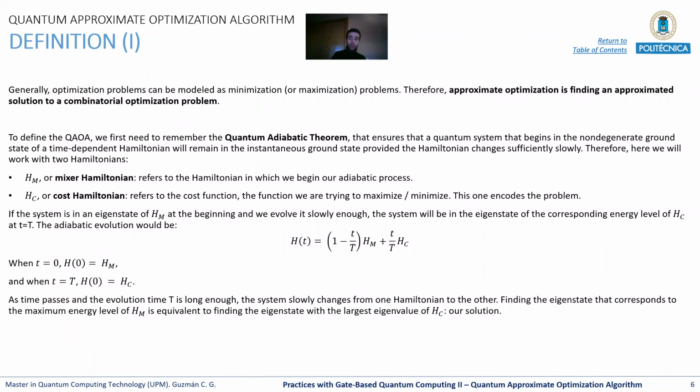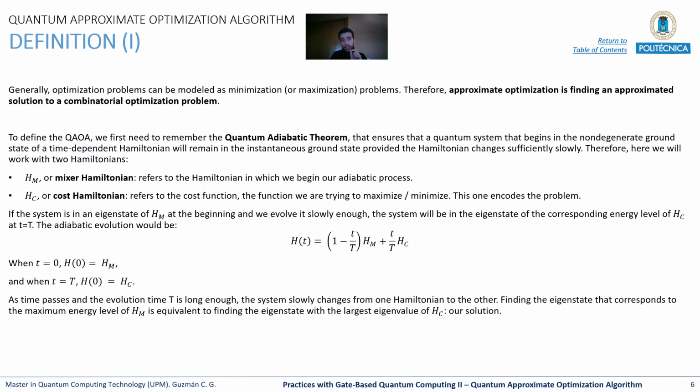And the cost Hamiltonian is the one where we are trying to go. The cost Hamiltonian will express the function that we will maximize or minimize. This one is the one that encodes the problem. This one is the one that we want to solve. So we must try to go from the mixer Hamiltonian to the cost Hamiltonian. And when we arrive at the cost Hamiltonian, we will be in the ground state.